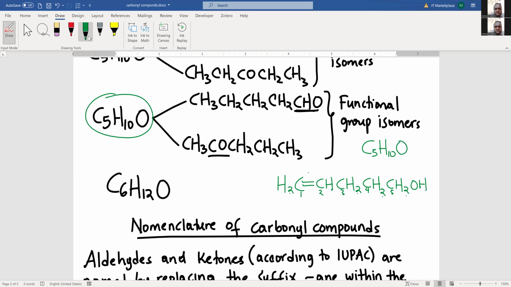You see, I generate a bifunctional group. Yes, still, it is true. Bifunctional group, a compound with 2 functional groups. The double bond and the hydroxyl functional group. So you see, still C5H10O.